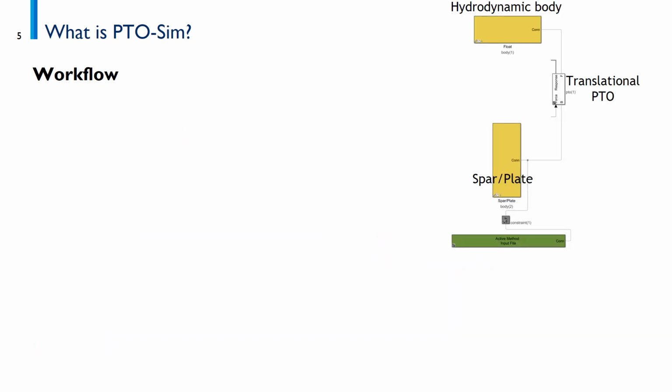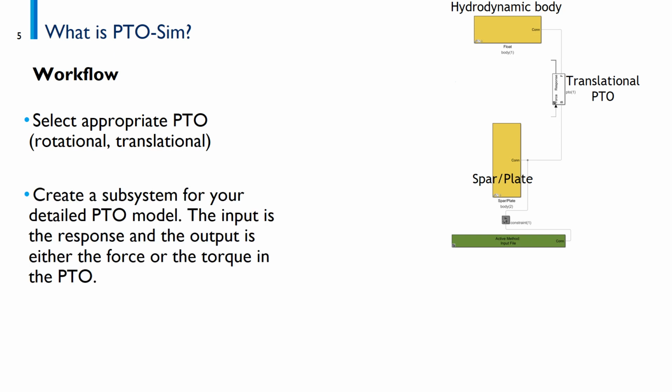How can we use PTO Sim within WEC-Sim? So let's say that we have a regular WEC-Sim model, such as the one that I am showing here in this slide. What you need to do first is to select an appropriate PTO, either rotational or translational, and then you need to create a subsystem for your detailed PTO.